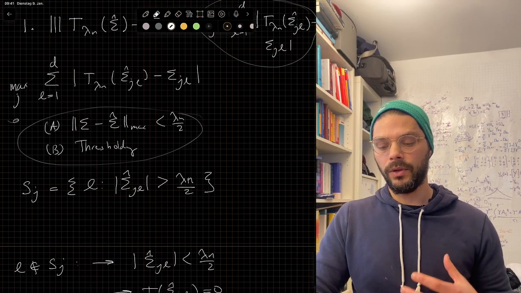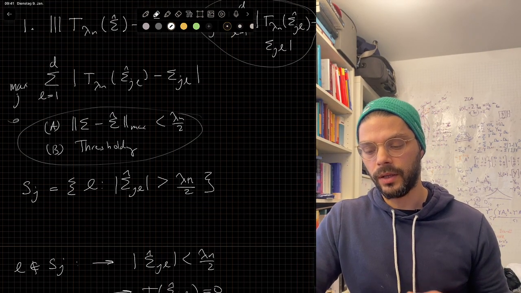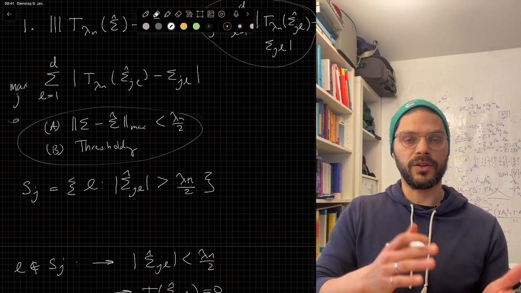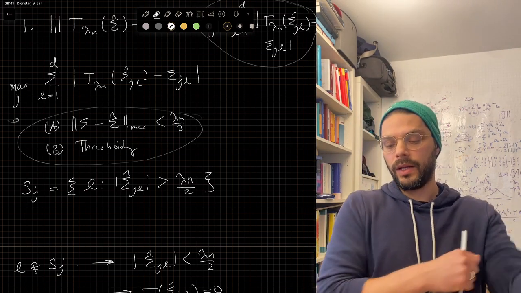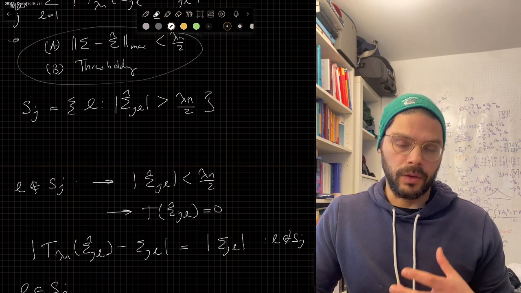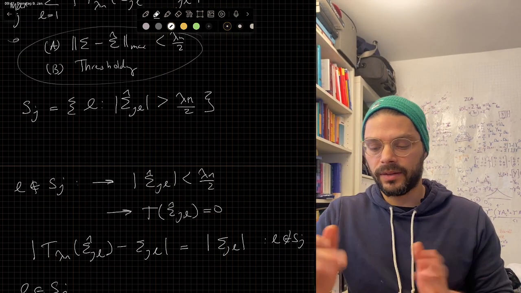And the way we do that is we divide the columns initially into a set essentially of the small values and the large values, and we just treat those components of that sum separately.